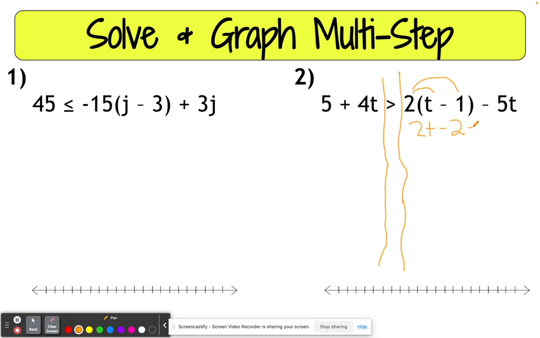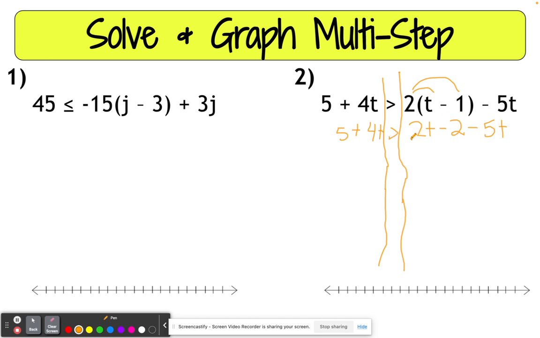And I have negative 5t. On my left side, I have 5 plus 4t. And my inequality is a greater than.